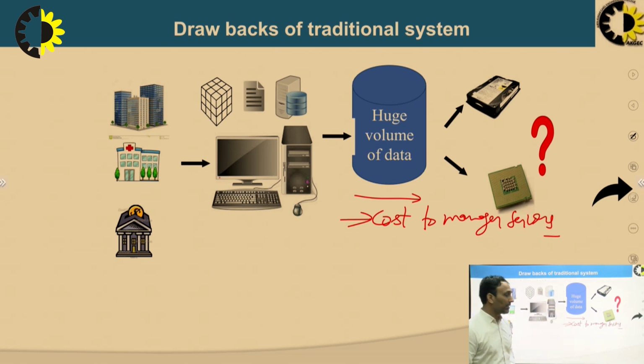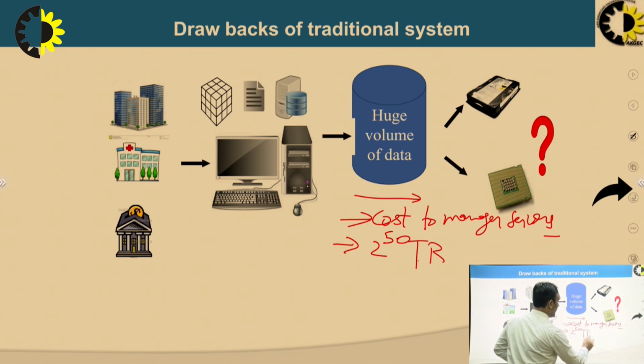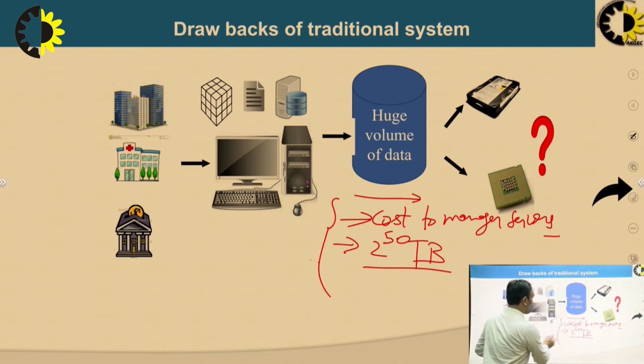Because the server size to maintain data of 2 to the power 50 TB will require more power consumption and more space, and an expert person who can analyze or manage such type of data will cost, and the cost of managing the data exceeds the actual outcome of the purpose of the data.